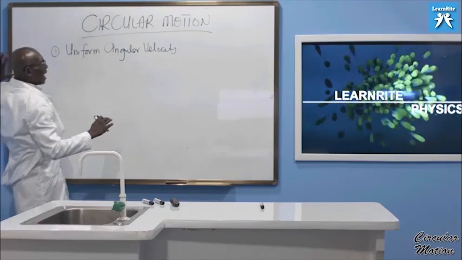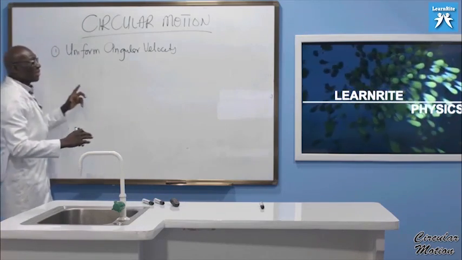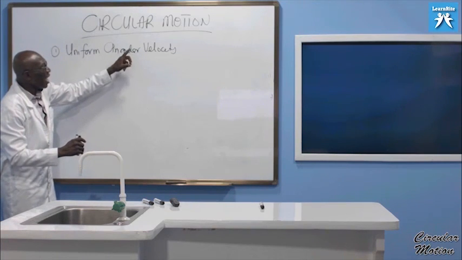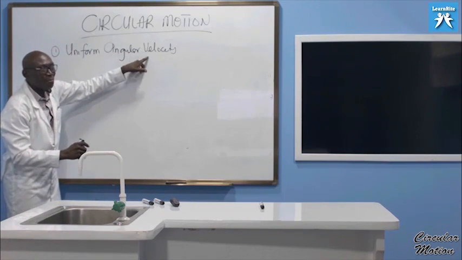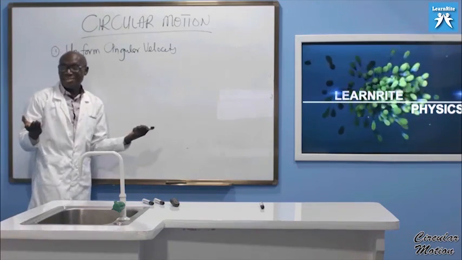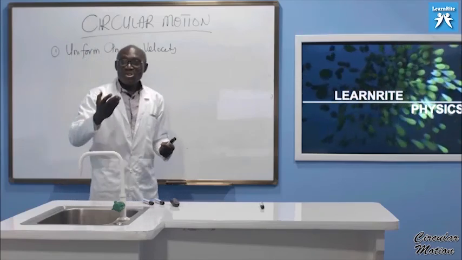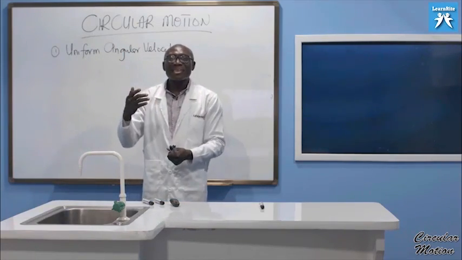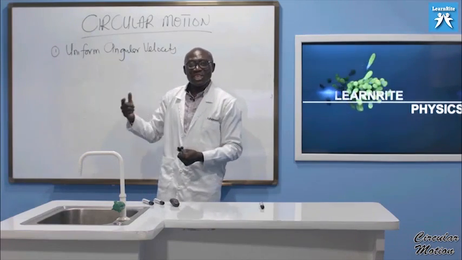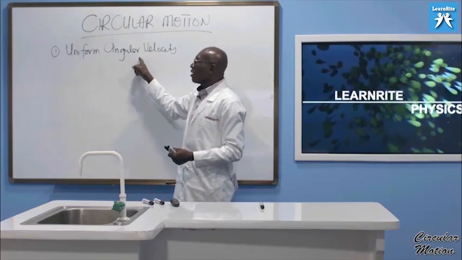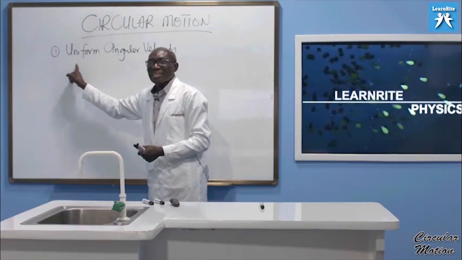Then I will take my hand off and I will say that it is the rate of change of angular displacement with time being constant. You see how simple it is? So uniform angular velocity is defined as when the rate of change of angular displacement is constant.